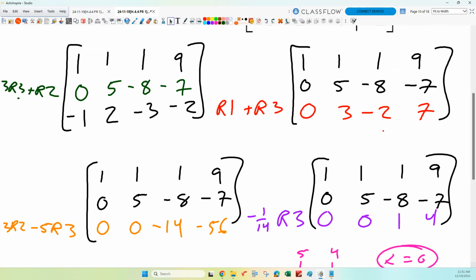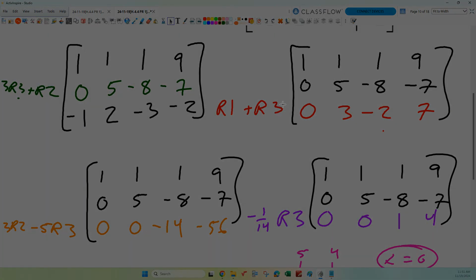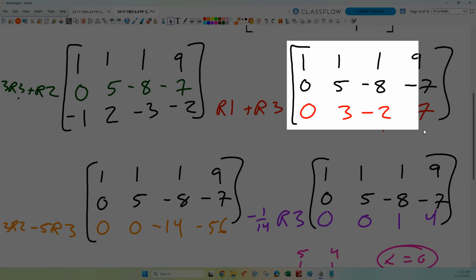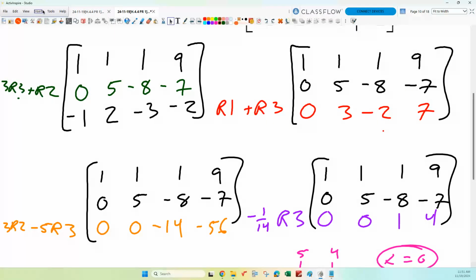Everybody with me? Okay. So this is kind of fun. I mean, we're just doing a puzzle, right? And one of the goals is to avoid fractions, because fractions are just kind of a pain, right? So what did we learn from that? Well, I'm going to go back to that step.